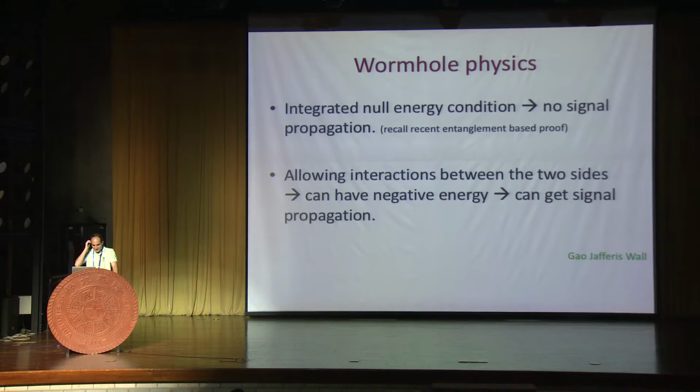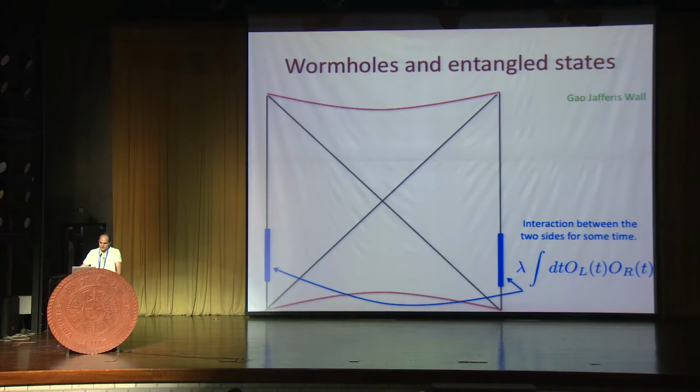Now, an interesting recent observation, this is based on a paper that is to appear, so this is not on the arXiv yet, is that allowing interactions between the two sides, we can actually have negative energy, and then we can get signal propagation. I think this is an interesting point, and I'd like to discuss it in a little more detail. It's an interesting point because I think it will be a useful lesson for how these wormholes work.